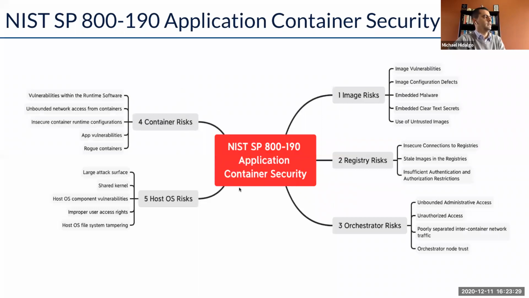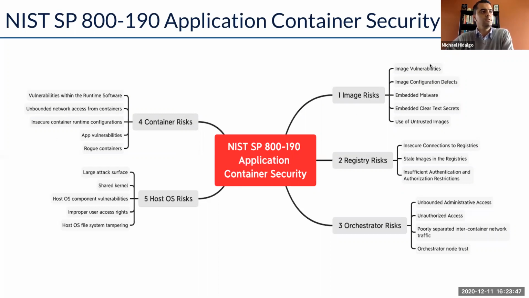On the other hand, the NIST special publication on application container security covers 5 main areas. As you can see, there is an overlap between both of them. This one talks about image risks, specifically those threats targeting images.